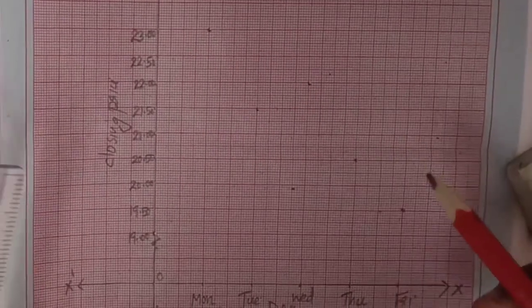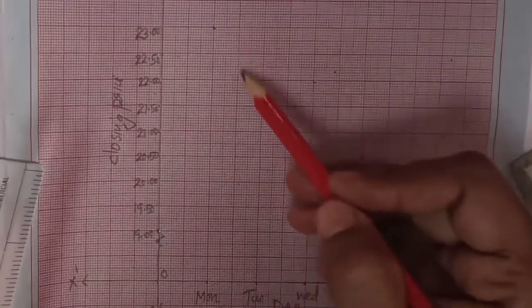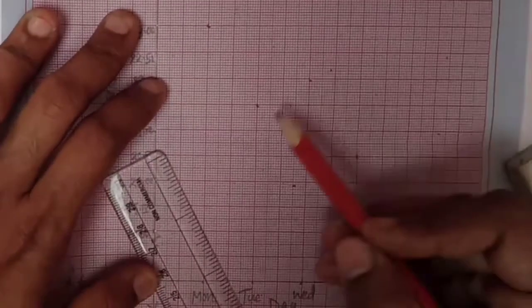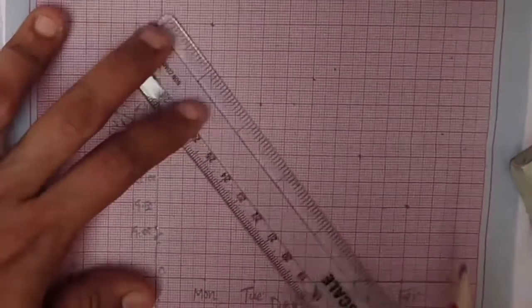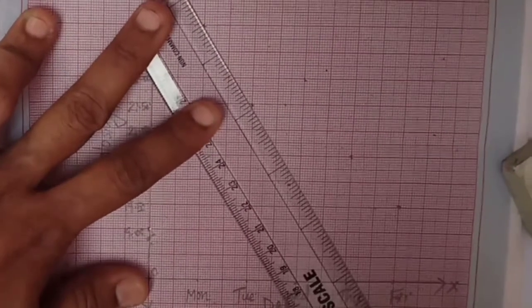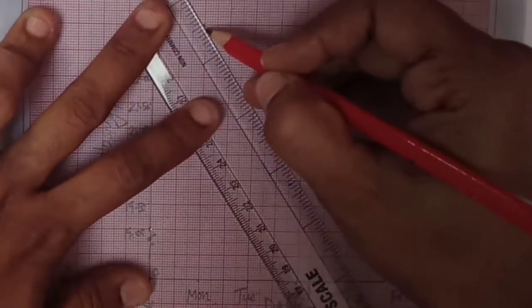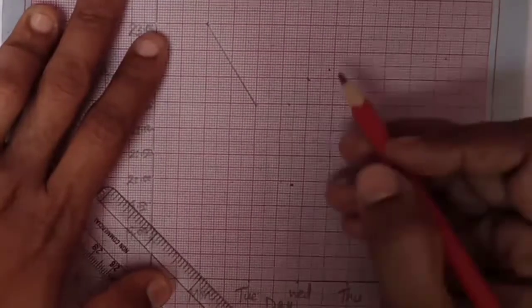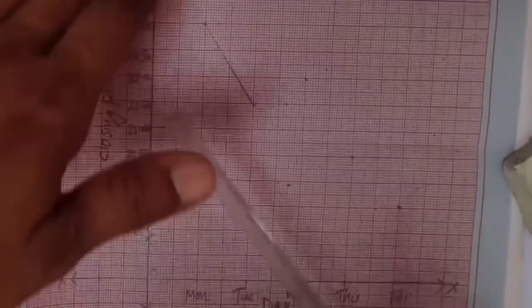Then join. A line graph consists of bits of line segments joined consecutively. So this is the starting point. The next point is this one. How to join? Join the points using a ruler. Then the next one, this point.